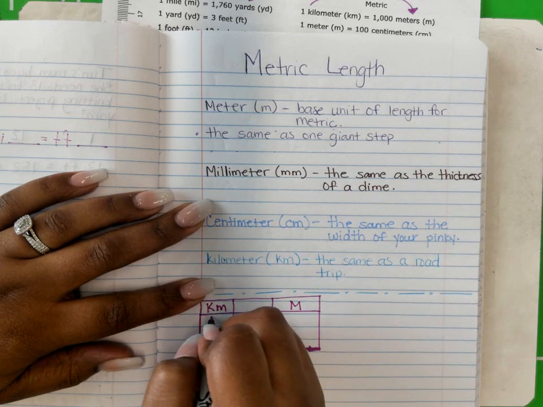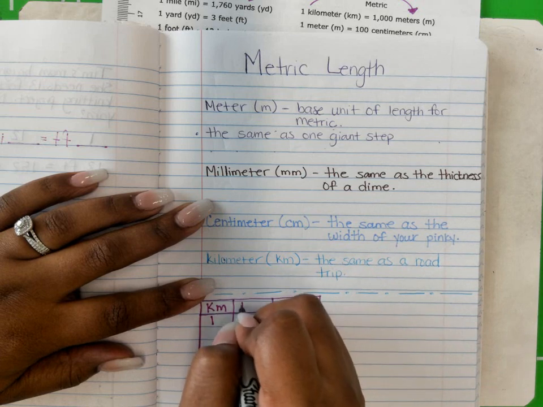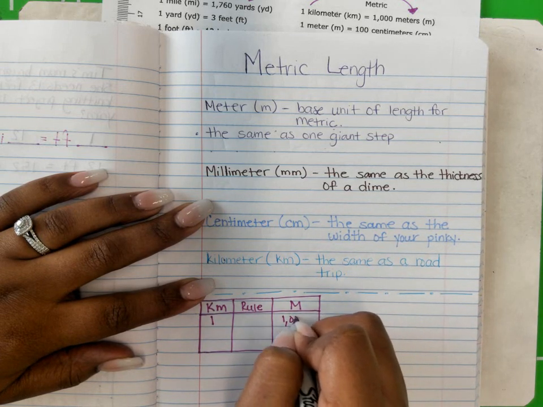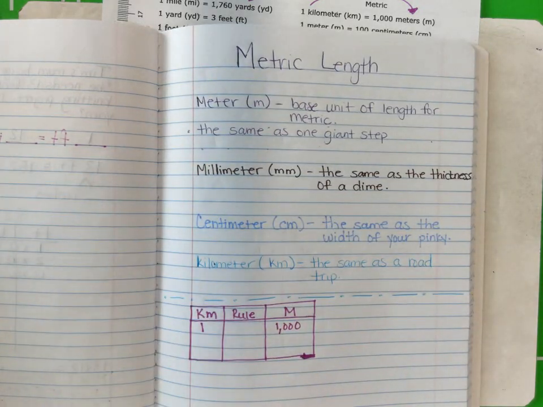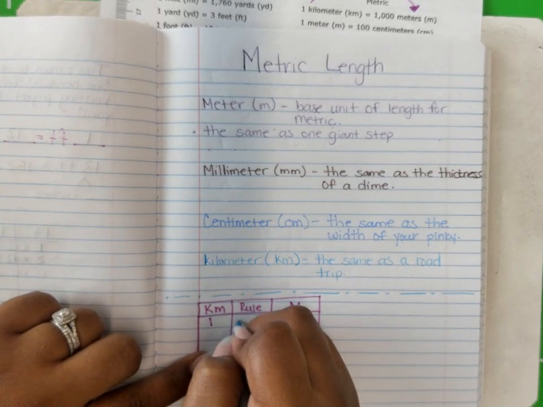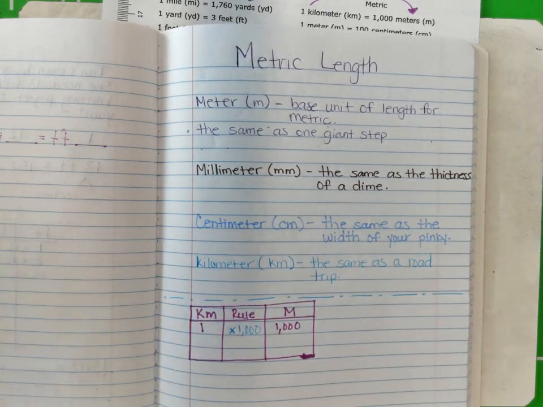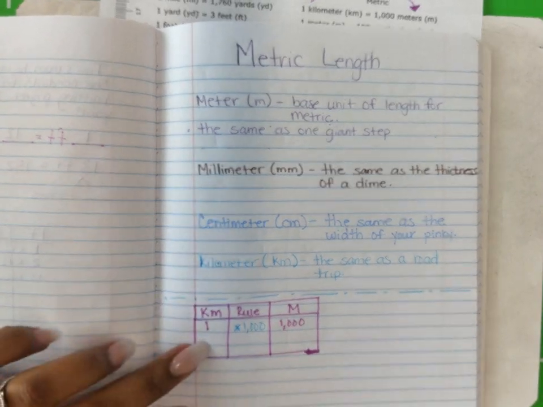So I know that 1 kilometer, and I'm sorry, this is my rule, 1 kilometer is the same as 1,000 meters. So in this case, my rule is times 1,000.